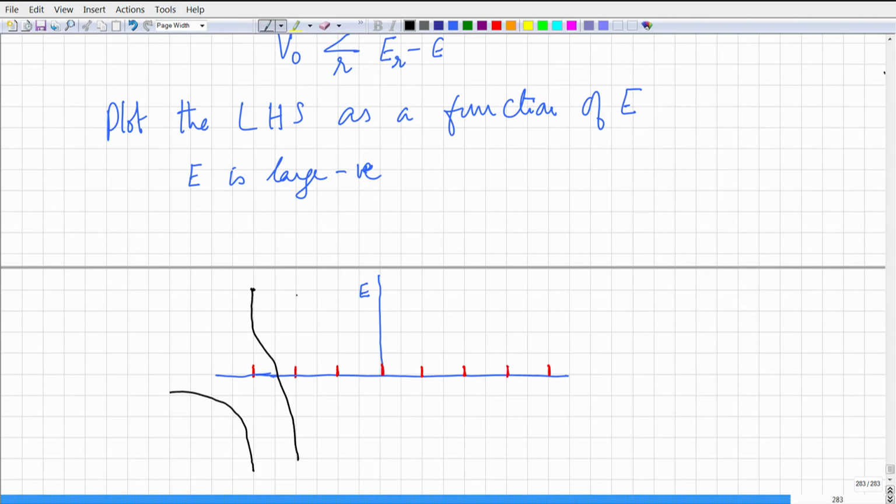And then again the same way, when it jumps again, it changes sign, comes down here, jumps, changes sign and comes down here, then jumps, changes sign.